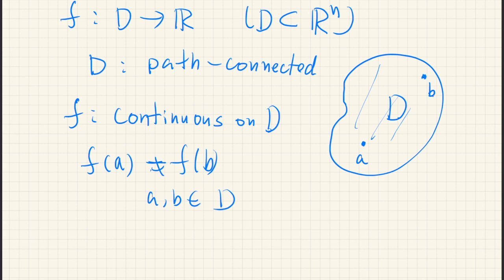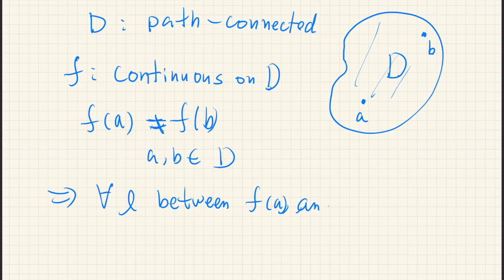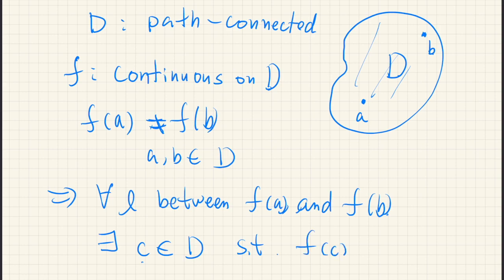So they take different values. In that case, for any intermediate value L between f of A and f of B, there exists some element of D, let's call it C, such that f of C is equal to L.